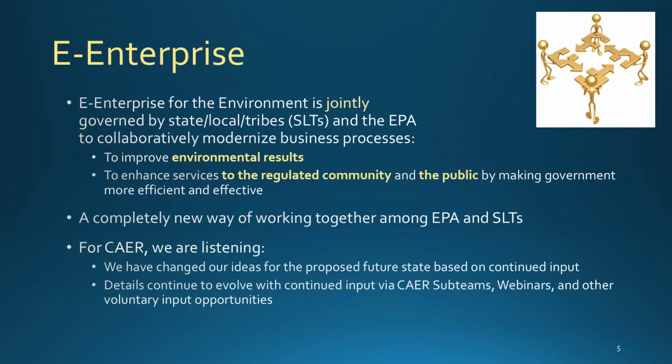So one aspect of e-enterprise, it can be seen as a relatively new way of working together among EPA and state and local tribal programs, in that there's a very early collaboration on the identification and definition of the problems that are being solved, developing solutions, and moving in a very iterative process, working towards those solutions, so that there's really very large amount of engagement right from the start, as opposed to what might be a traditional government project or a regulation, as an example, where it's more of a response to something that comes out.